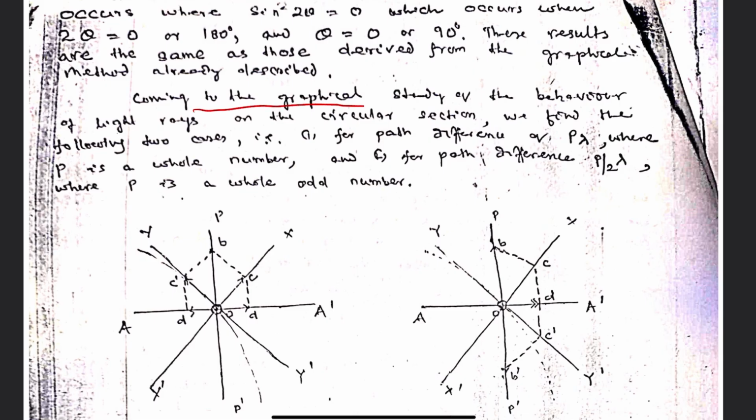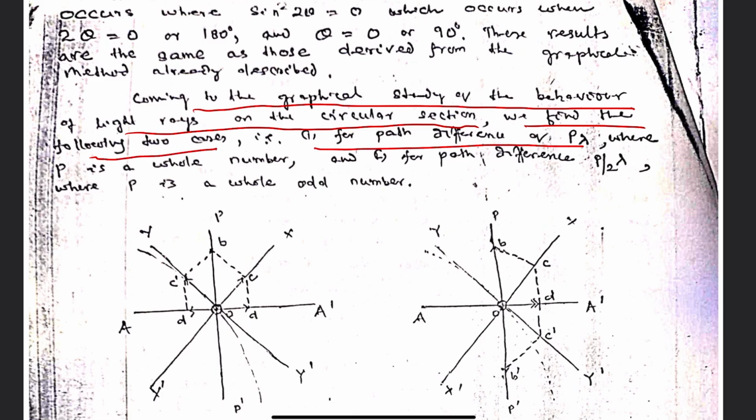Now coming to the graphical study of the behavior of light rays on the circular section, we find two cases. In case 1, the path difference is n lambda, or p lambda, where p is a whole number.